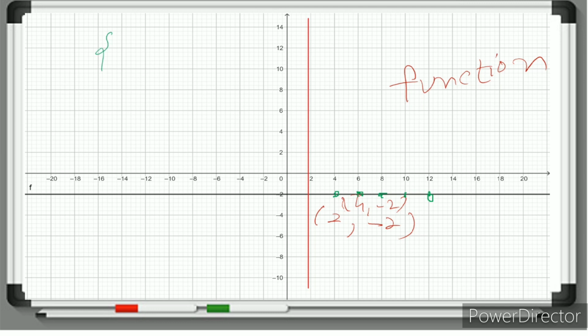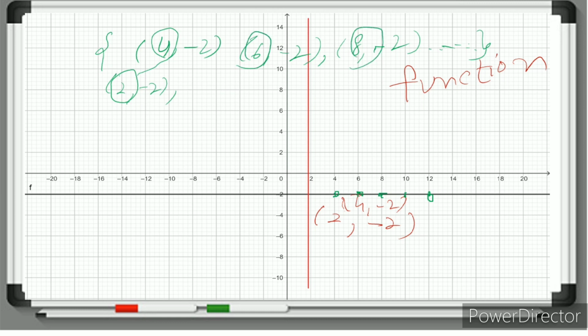So when I take the ordered pairs, boys, it starts with 2 comma minus 2, then 4 comma minus 2, then 6 comma minus 2, then 8 comma minus 2. I have taken a few ordered pairs. Now when you see the first coordinate, the x coordinate, they are entirely different.